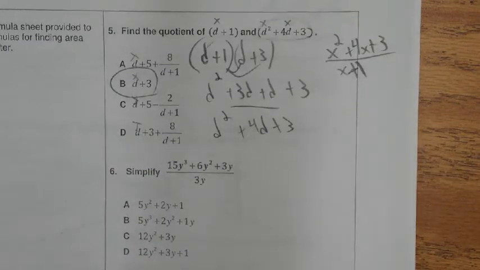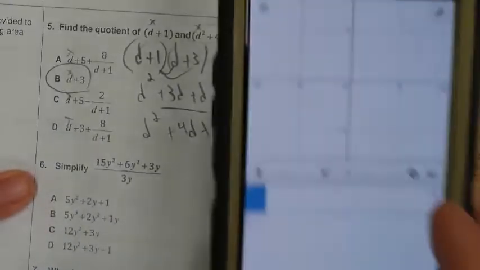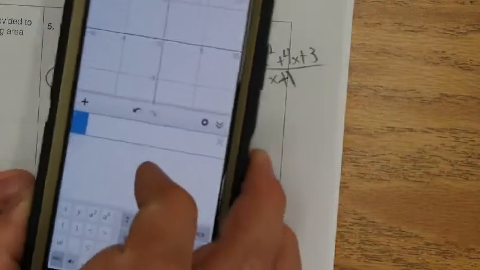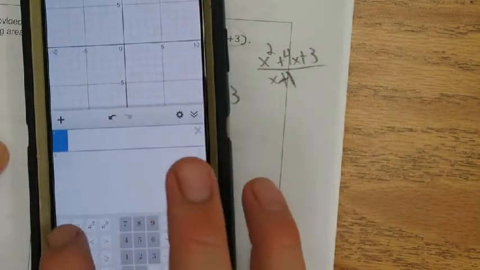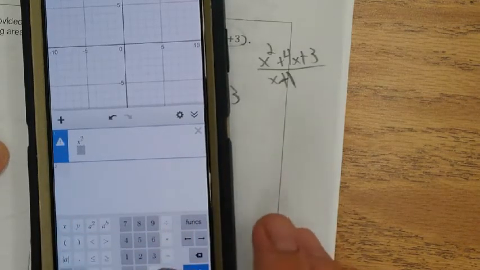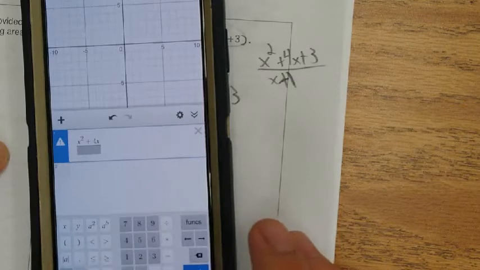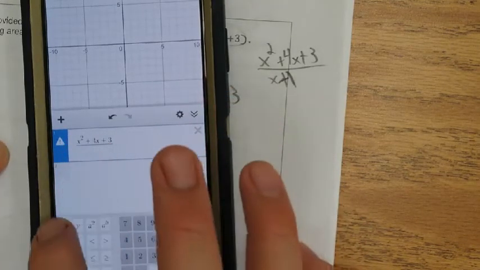And once again, guys, this is for if you get to the point and you don't remember how to do it, you can use Desmos to check yourself. So I'm going to type this in exactly the way I see it into Desmos: x squared plus 4x plus 3, all being divided by x plus 1.